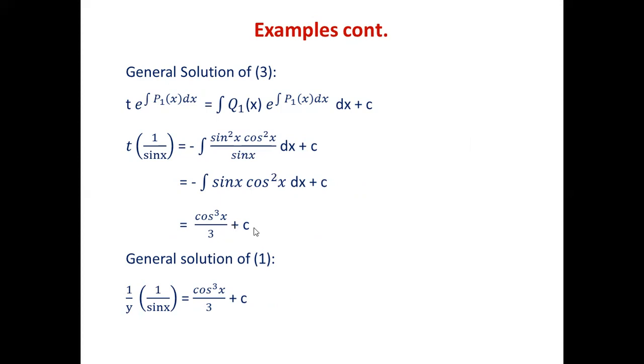Then on integrating, you will get cos cube x by 3, because this is in the form of f of x power n multiplied by its derivative. The integral of f(x) power n multiplied by its derivative is f(x) power n plus 1 by n plus 1. So now you are able to get the general solution of the linear differential equation, and on replacing t by 1 by y, you get the general solution of the Bernoulli's differential equation.